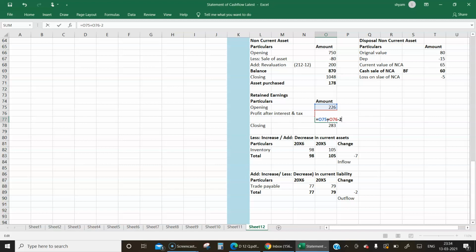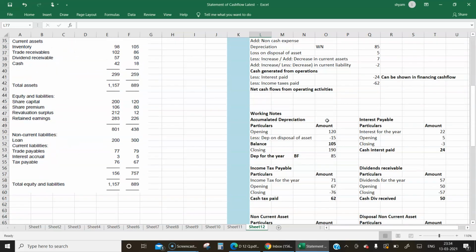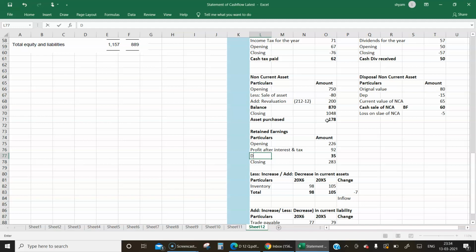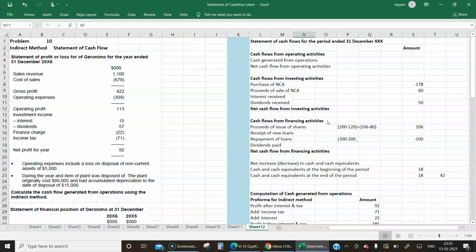If I deduct, 35 is missing. What is this missing number? This missing number is dividend. That is not given in the sum, but the missing number is dividend. So this number is a balancing figure.